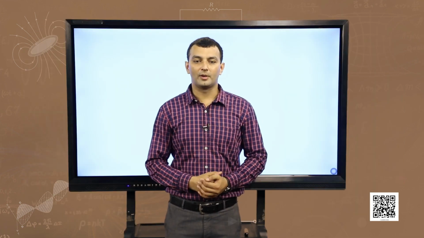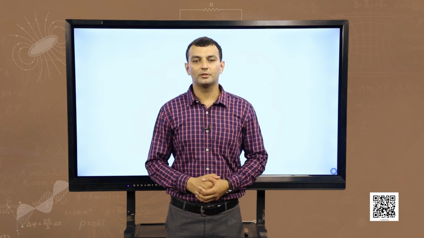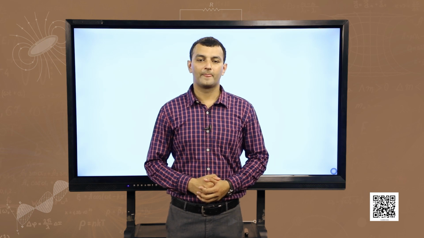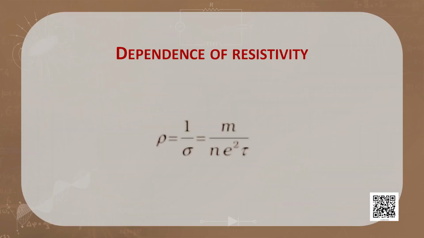Variation of resistivity with temperature can be understood with this equation: rho equals 1 upon sigma, which equals m upon n e square tau. Let us understand the meaning of the symbols.